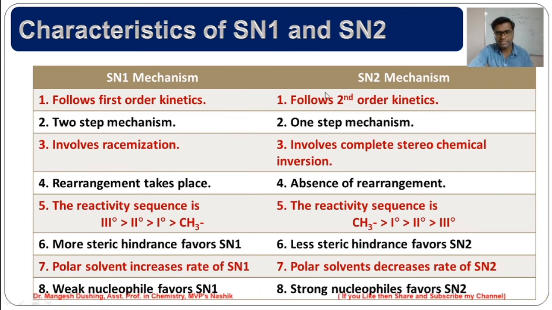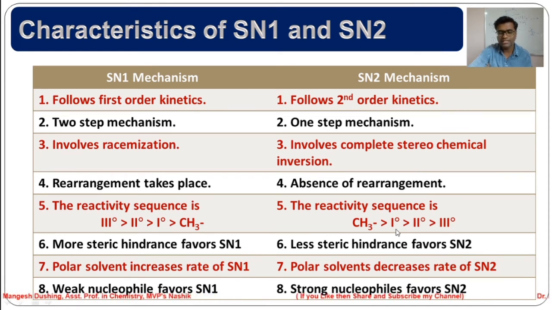While in the case of the SN2 mechanism, there is a backside attack of the nucleophile. So from the backside there should be less steric hindrance. If there is less steric hindrance, the reaction rate will be higher. In the case of a methyl group, the steric hindrance is very less, that's why the rate of SN2 reactions will be high. If you shift towards primary, secondary and tertiary, the alkyl groups increase, crowding increases, steric hindrance increases.